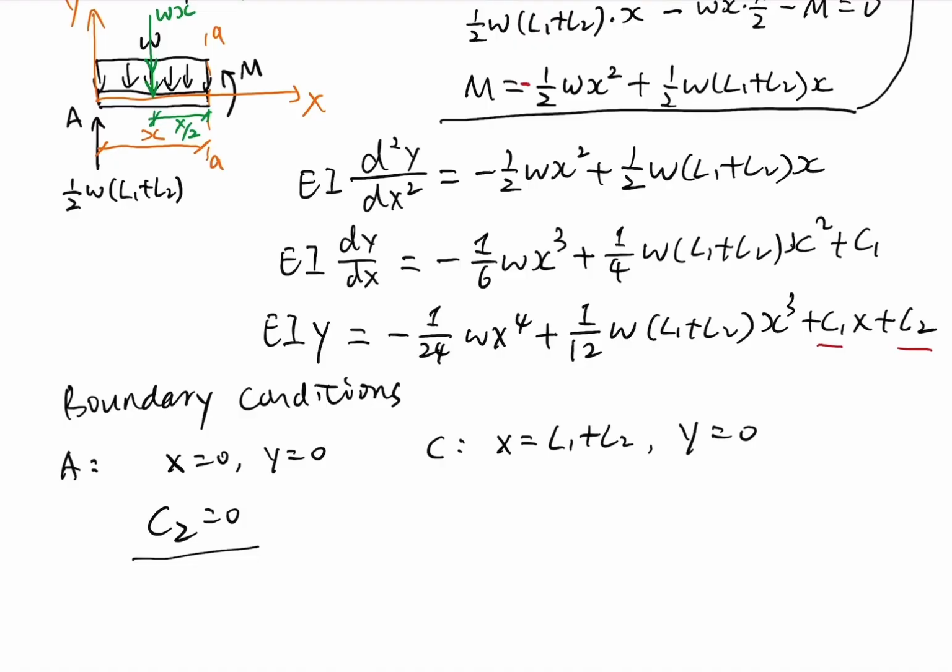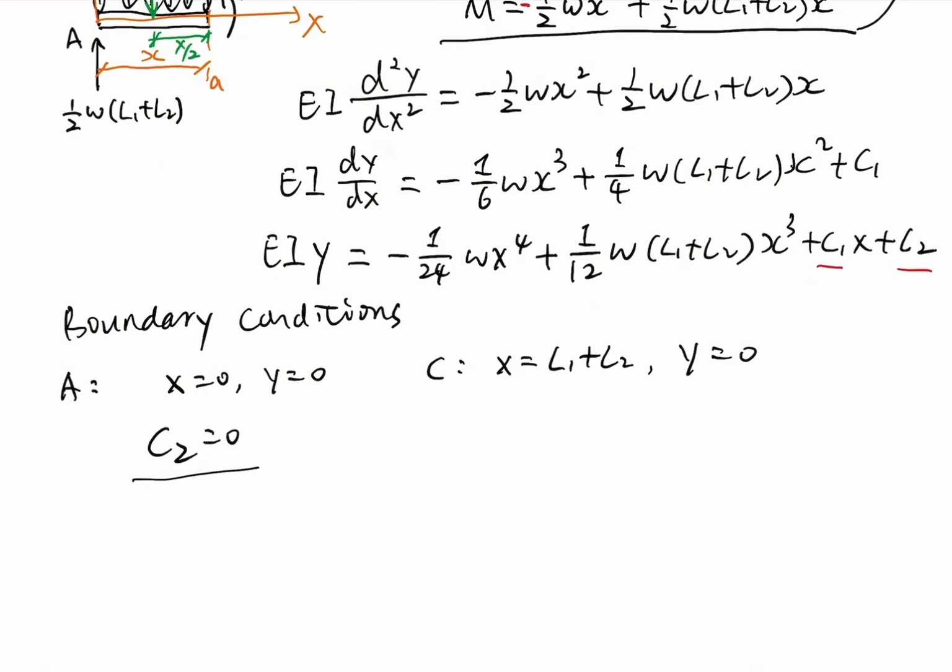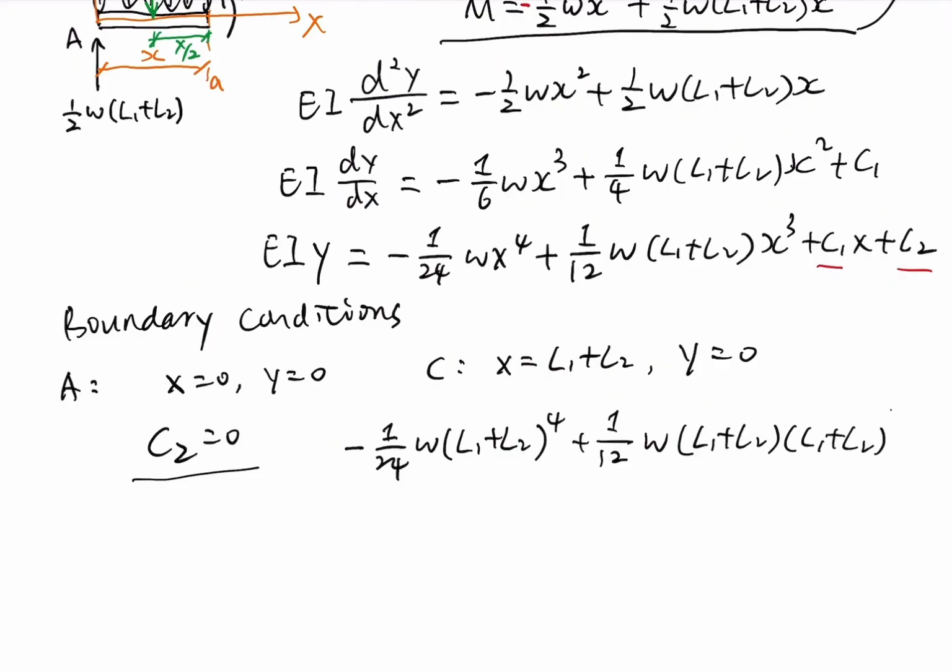Then we apply the second boundary condition, x equals L1 plus L2 and y equals 0. Applying this into the equation, we will have 1 over 24 W (L1 plus L2) to the fourth plus 1 over 12 W (L1 plus L2) times (L1 plus L2) cubed plus C1 times (L1 plus L2) plus C2 equals 0, and since y equals 0, EIy equals 0.